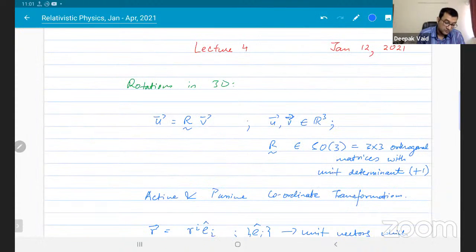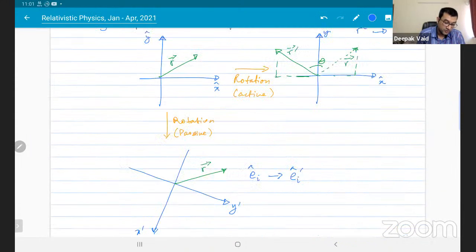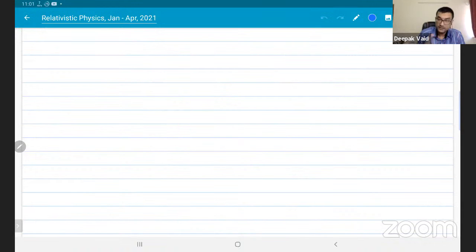Now, there is another way to write all of the same things. Now I'll write everything in this index notation. So if I have a vector u, it has some components, and I can write it as u_i. Same thing if I have some vector v. Again, for simplicity, I'm working with spatial vectors for the time being.